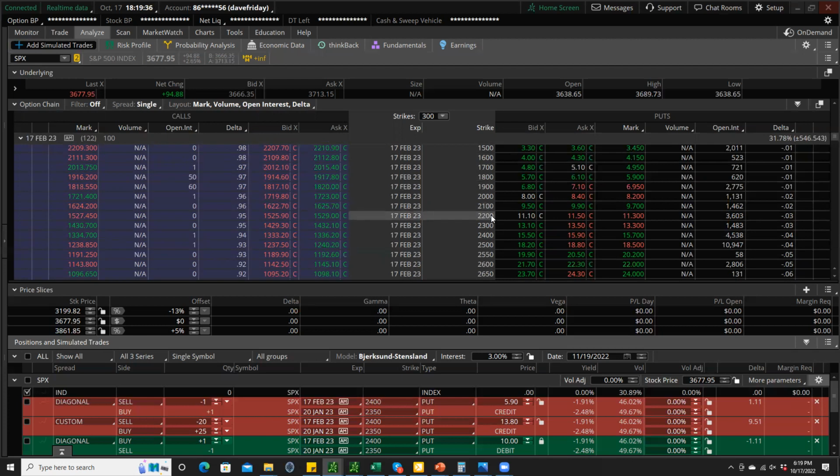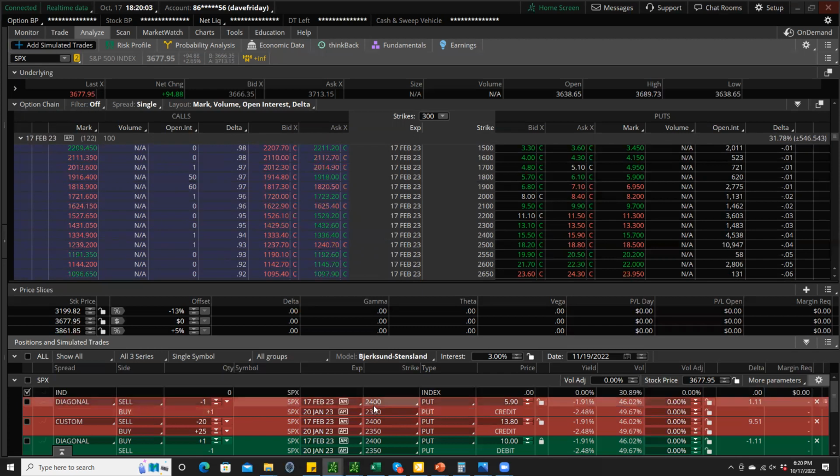We don't want these to be 100 points wide from what we sell and what we're going to buy in a different month. So since they don't have a whole lot of variety here, I kind of want to stay up here where I can get some pretty good variety of strikes.